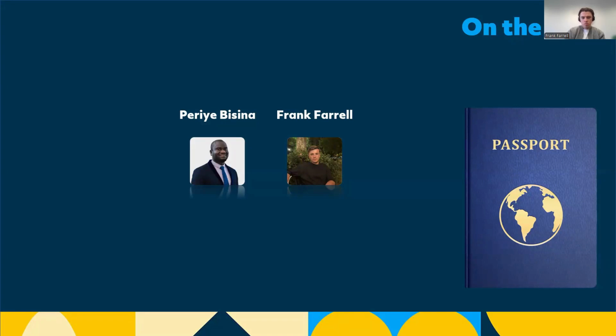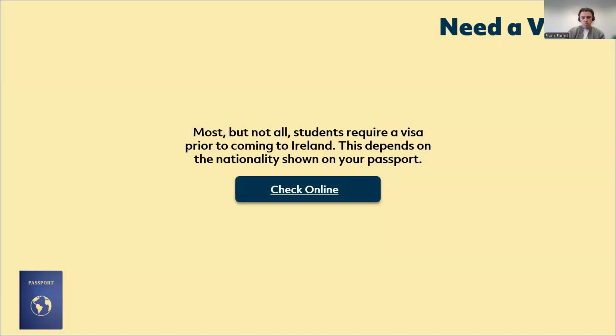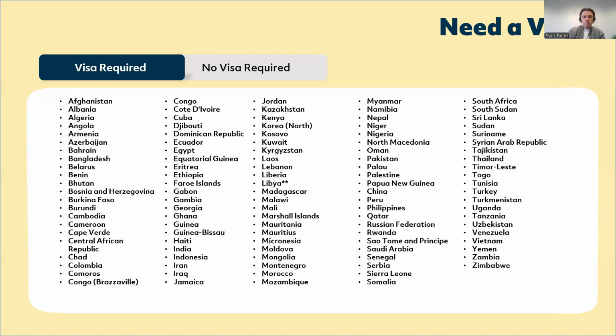So the first thing you need to do, I think some of you might have been on the webinar yesterday, I did mention that there is a way to confirm if you require a visa. You can click on the Irish immigration website, and there'll be a place for you to check. They have a list of countries.